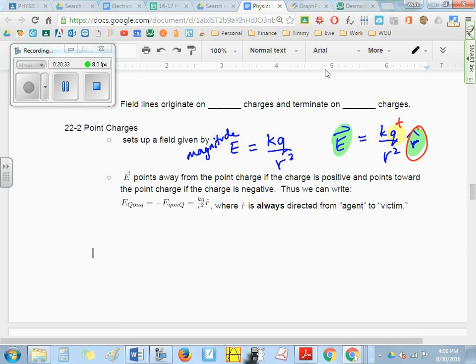Let's go on to the second bullet. E points away from the point charge if the charge is positive. I already said that. Points towards the point charge if the charge is negative. I already said that. And we can just write this statement. If capital Q is going to act on little q, then it's going to produce the exact opposite force that little q produces on big Q. And either way, it's going to be kQ over r squared.